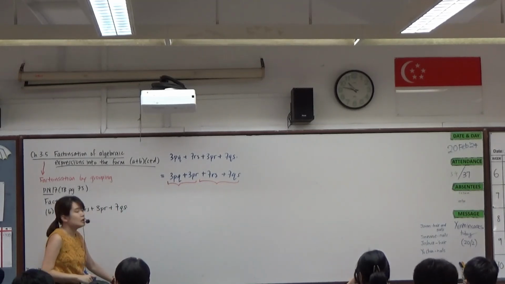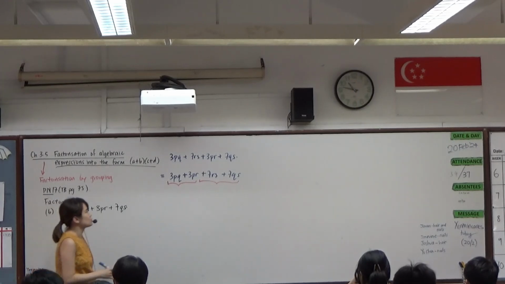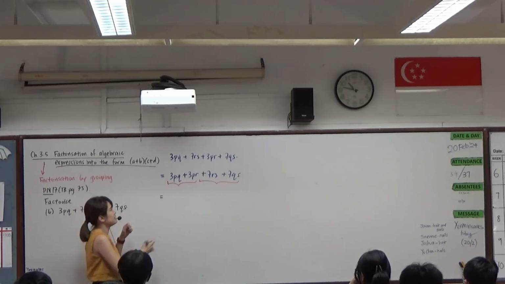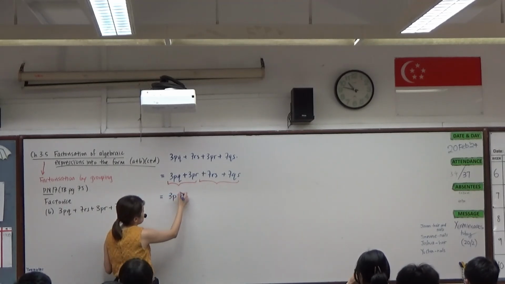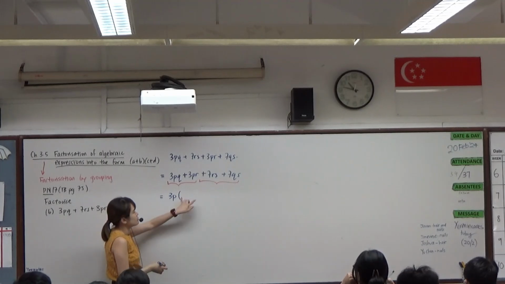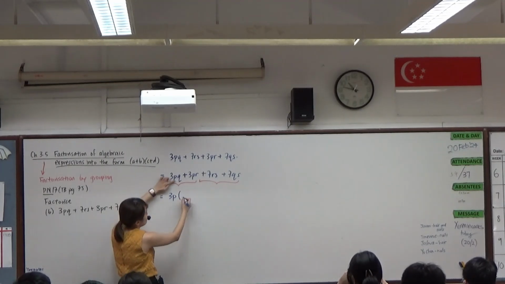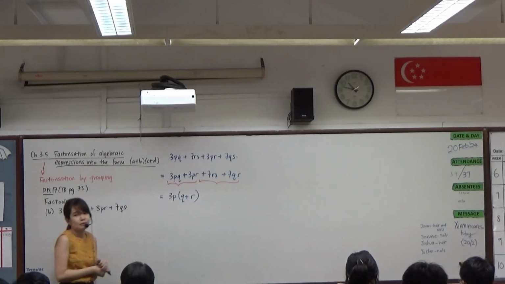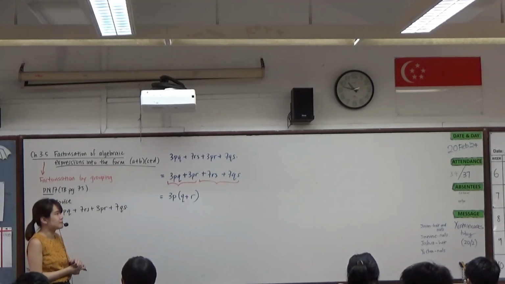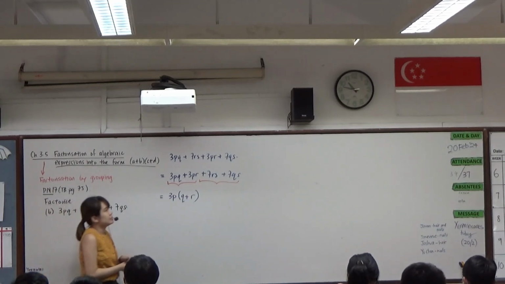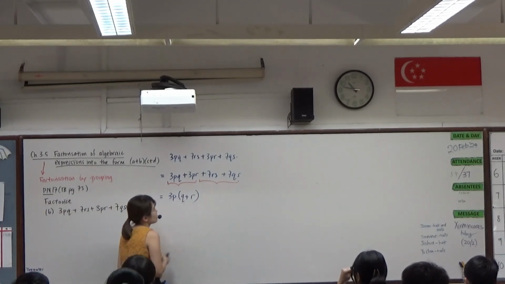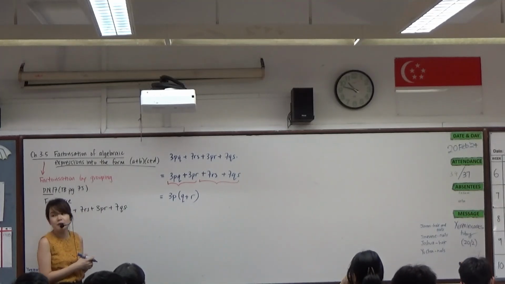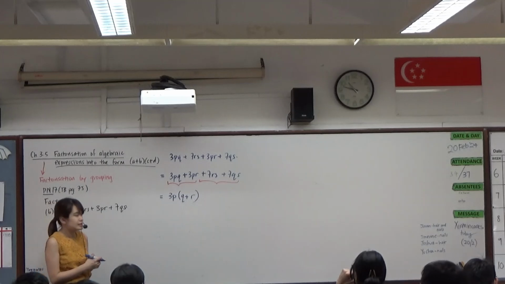So in our 3PQ and our 3PR, what is the common factor between them? 3P, right? So we take out our 3P and the remaining things we leave behind in the brackets, and that will be Q plus R. So that is our first pair. Then in our second pair, what is the common factor between positive 7RS and positive 7QS? 7S, right?